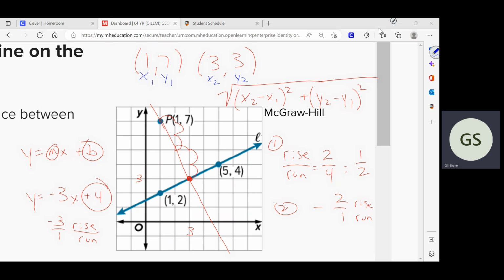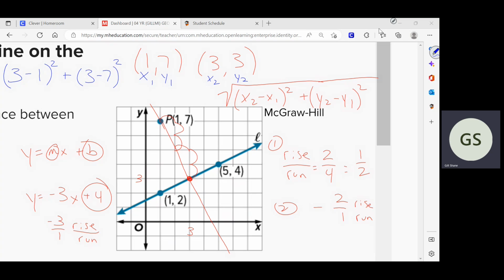So now I'm going to plug them in. I guess I'll do it over here. X2 subtract x1 squared plus y2 subtract y1 squared. I'm going to wind up taking the square root of that, but I'll do that on the next step.